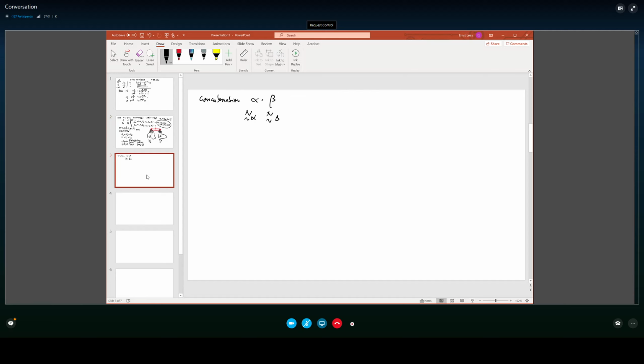And so we now need an automaton, call it N2, that accepts the concatenation. So N2 should accept precisely all the words that can be obtained by taking a word from the first automaton, N sub alpha, and concatenating it with a word from the second automaton, N sub beta.